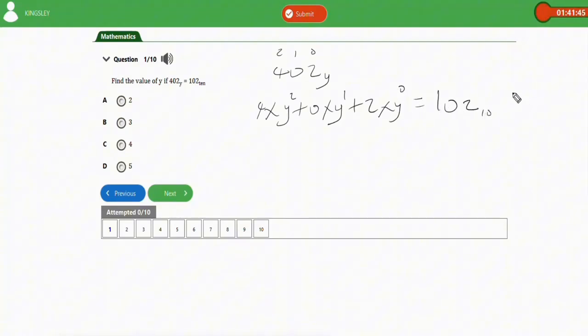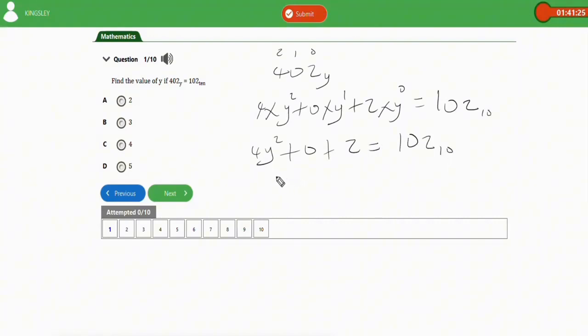Alright, don't need to convert the one on the right again. So when you simplify this, you're going to have 4y square plus 0 plus 2 times y to the power 0, which is 1, equals 102 base 10.